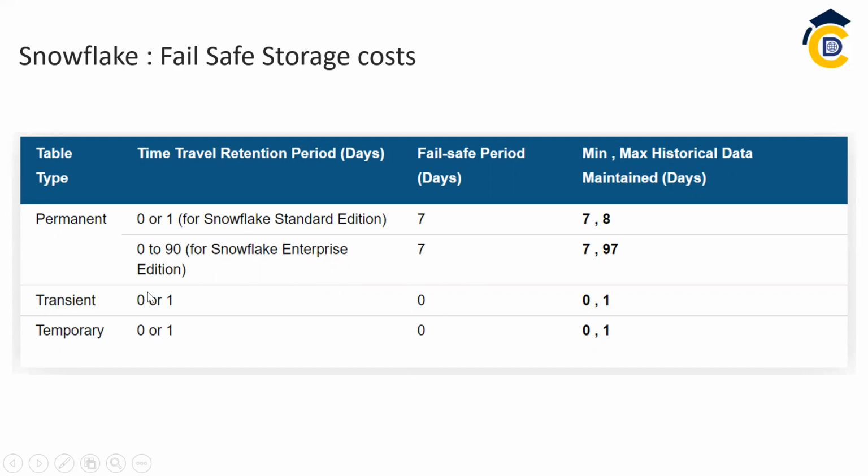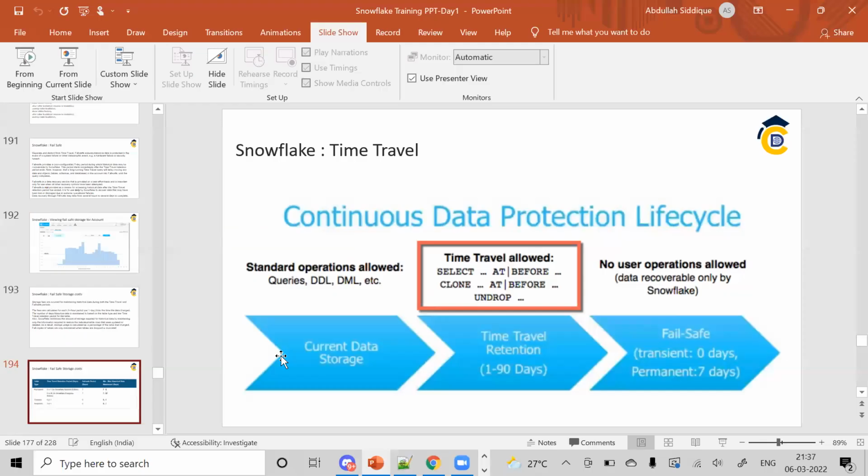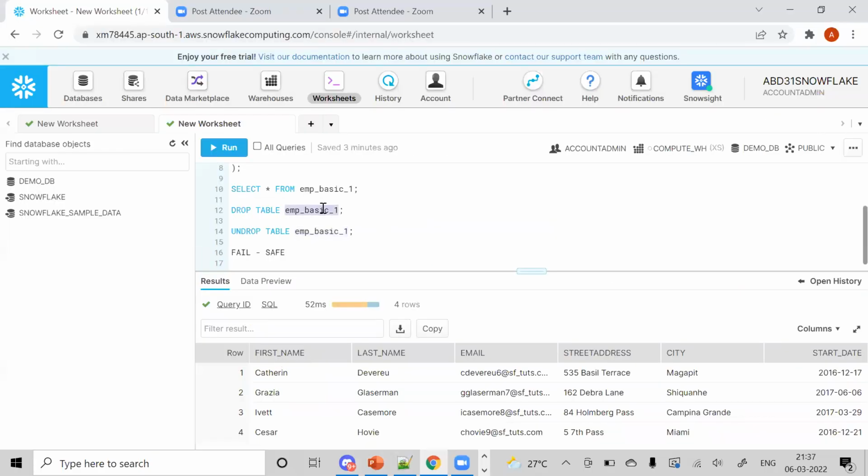That means once the time travel period is gone for transient and temporary, say this had been a transient table or a temporary table and it had moved out of the retention period, you can no more do time travel.